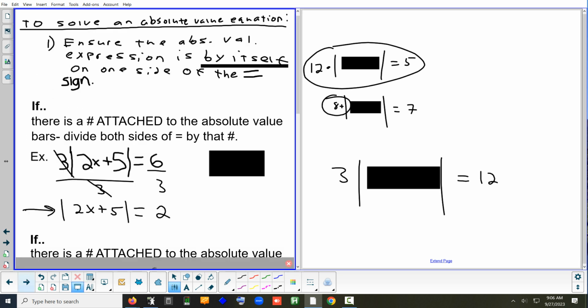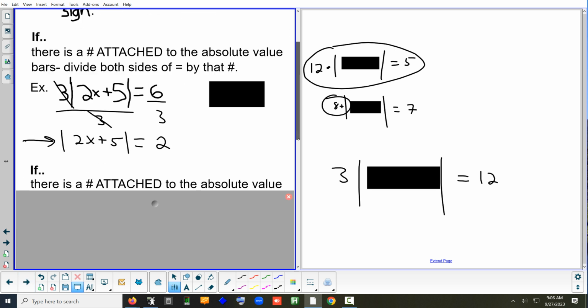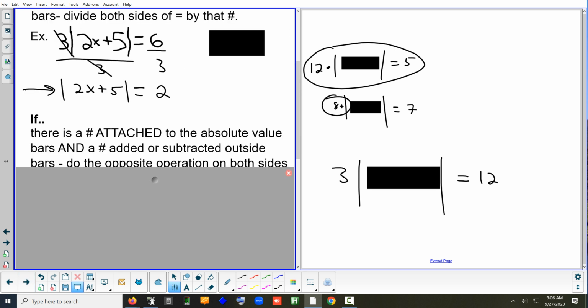Okay, so let me scroll down a little bit. Now let's take a look at what happens if we also have something that's added or subtracted. So now we've got both things.